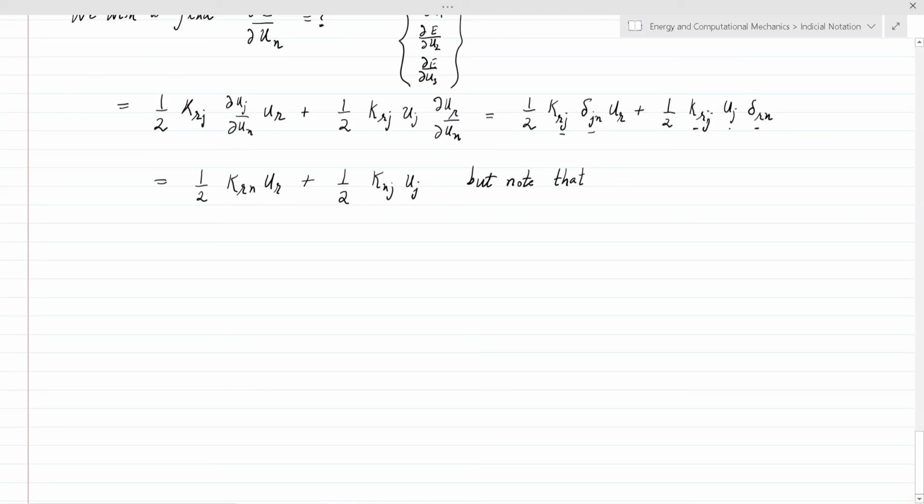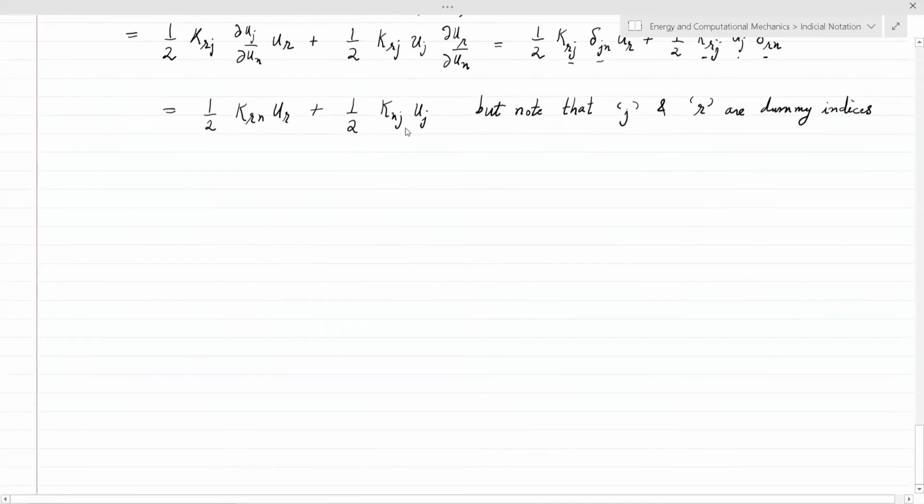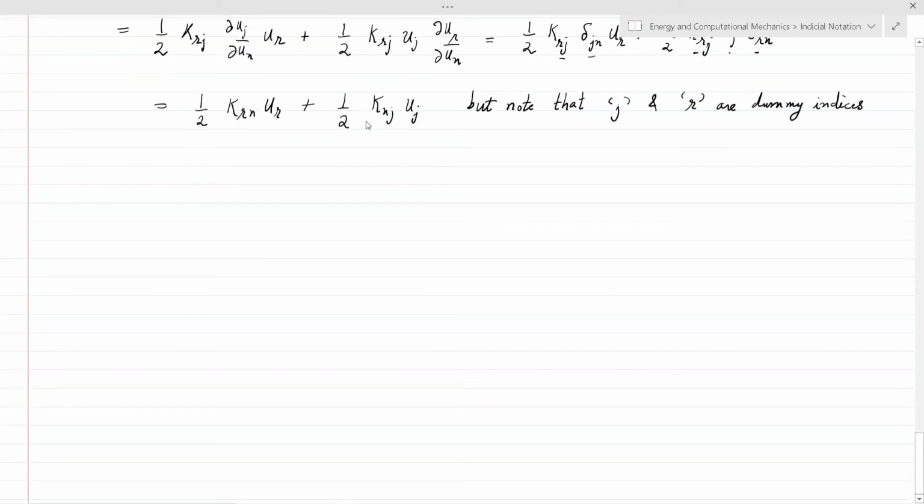Now you might be confused. You'll say, well, I have different indices now, but not really. If you notice, r is repeated here and j is repeated, so these are dummy indices, right? Dummy indices means that j could be j, it could be k, whatever, it is repeated. It's repeated, so therefore a summation over j equals 1 through 3. Here is a summation over r equals 1 through 3. It doesn't matter now, right?